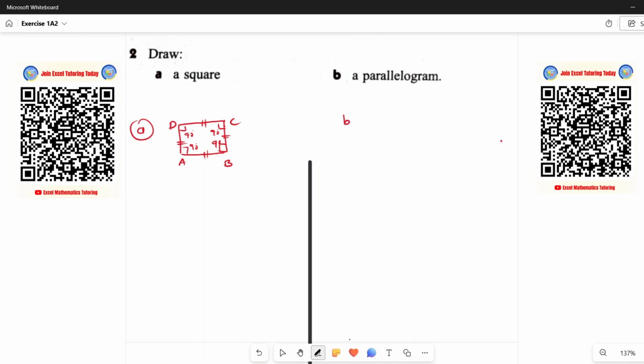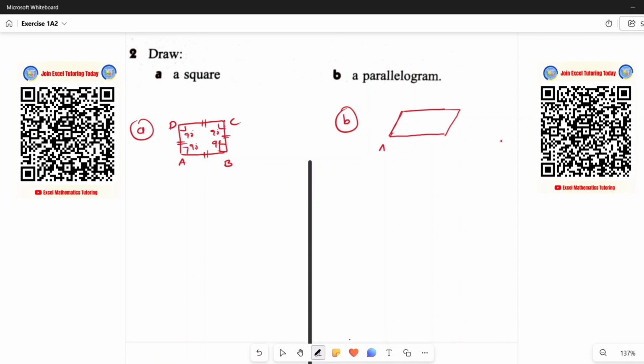Now moving to B, they ask to draw a parallelogram. Parallelogram means two pairs of opposite sides are parallel. Here opposite sides are equal in length. So that is the specialty of a parallelogram.